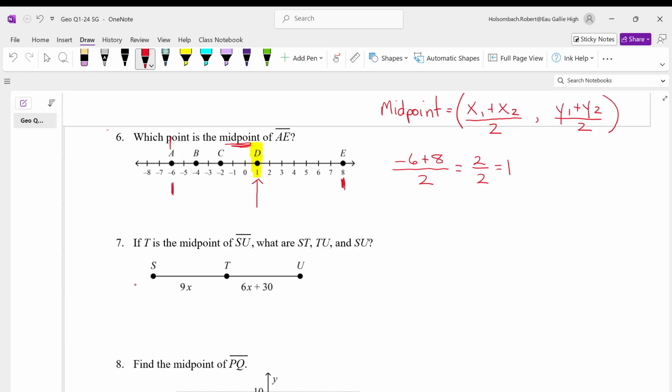All right, number 7 is very similar to that problem we did earlier. If T is the midpoint of SU, T's in the middle. So we put these tick marks on here. And that means that S to T is equal to T to U. So 9x is equal to 6x plus 30.